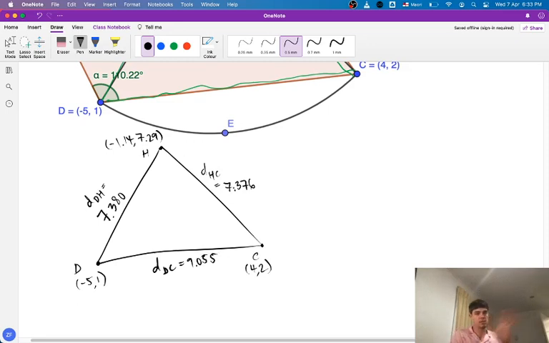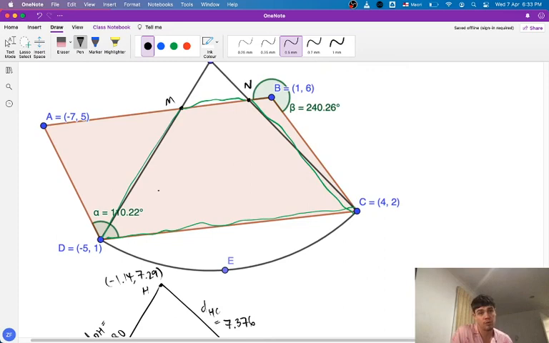Okay, so we've got these distances now, and we can work out an angle, and we've got to work out which angle is going to be the most useful. It's always good to come in with a strategy. If I find this angle here, then I will be able to use that angle with this distance and this distance to find the length here using the cosine rule, which is going to be pretty helpful.